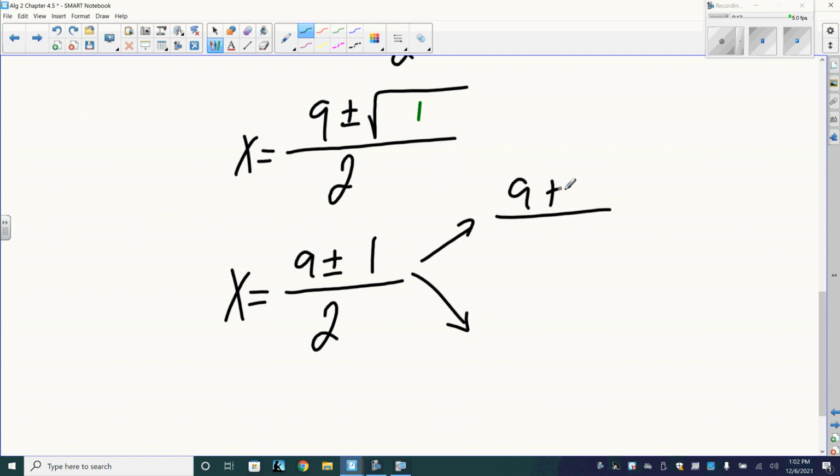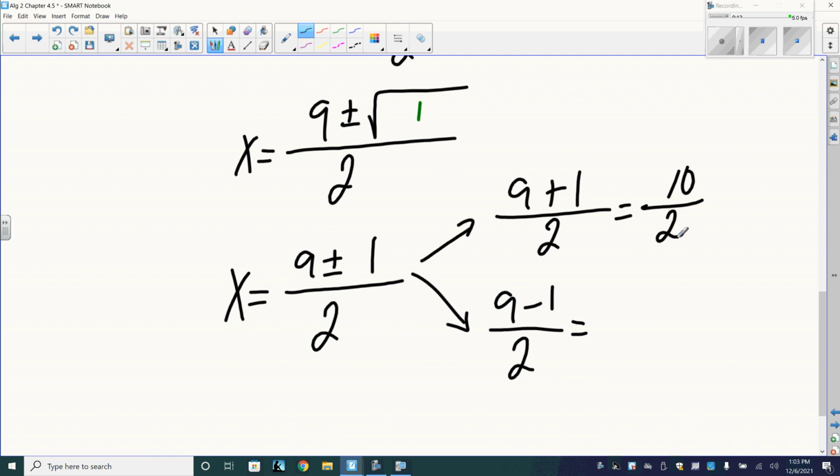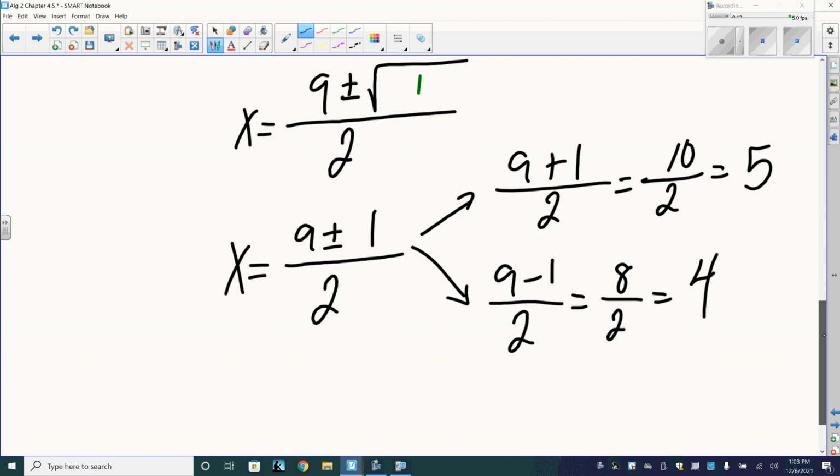Well, can we do 9 plus 1 and divide it by 2? And we can also do 9 minus 1 and divide it by 2. Well, 9 plus 1 is 10, and 10 divided by 2 is 5. 9 minus 1 is 8, and 8 divided by 2 is 4.